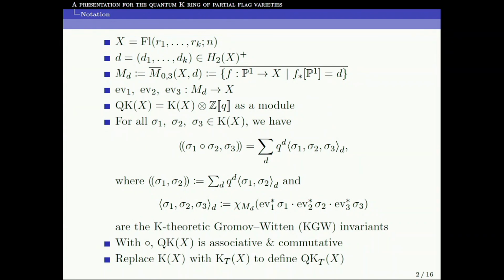Moreover, we also recover classical Schubert calculus because studying degree 0 curves passing through given subvarieties is the same thing as studying the intersection of those subvarieties.